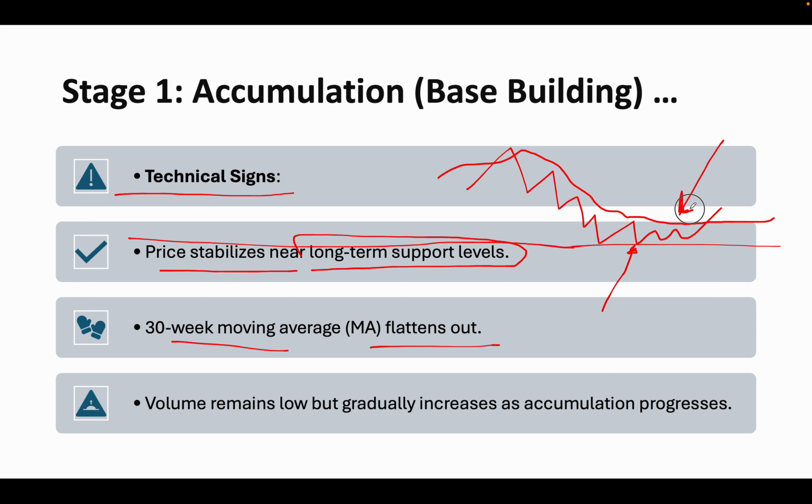And volume remains low. In the base area, as we have seen, volume is low but increases as accumulation progresses. Here the volume might be a little low and then it starts increasing. Over a period of accumulation, volume also starts increasing a little bit.